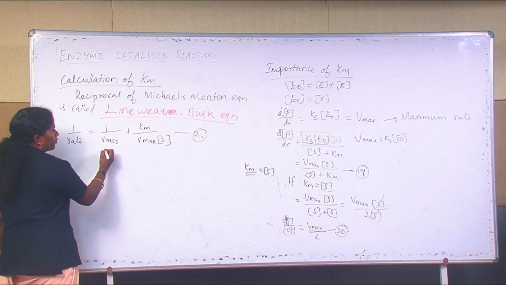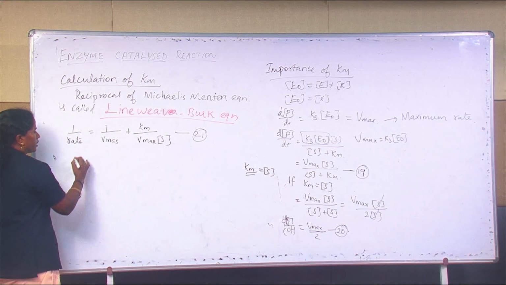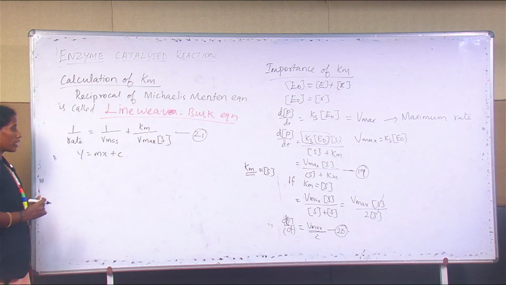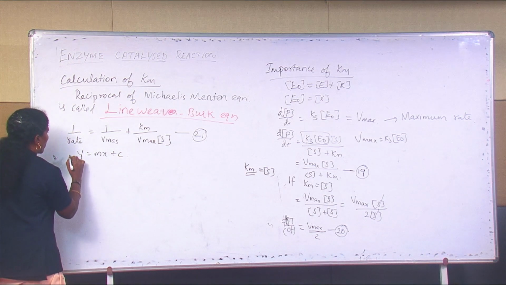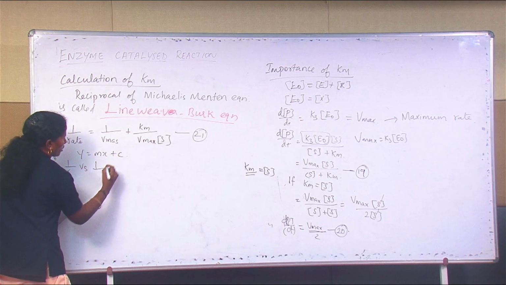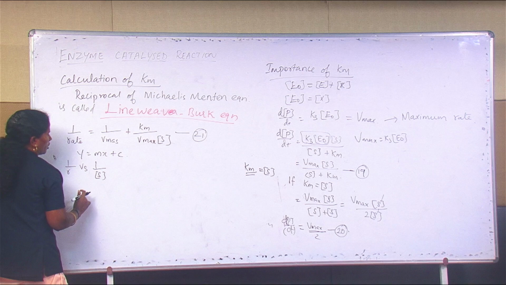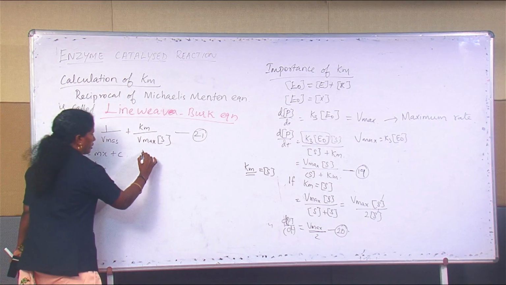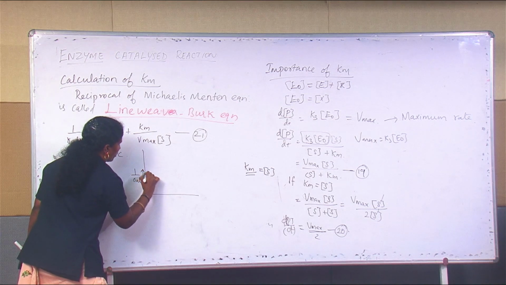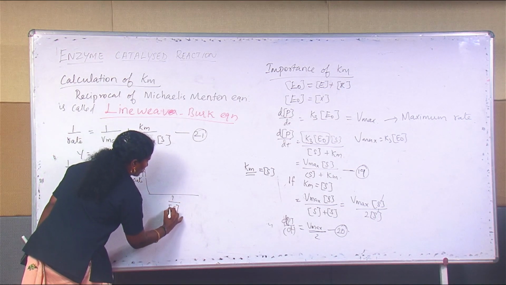So this equation looks like a linear equation, y equal to mx plus c. So we can draw the graph between 1 by rate versus 1 by substrate. So we draw a graph like this, 1 by rate versus 1 by substrate.